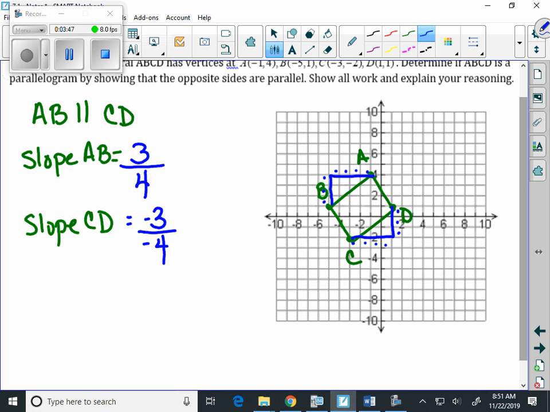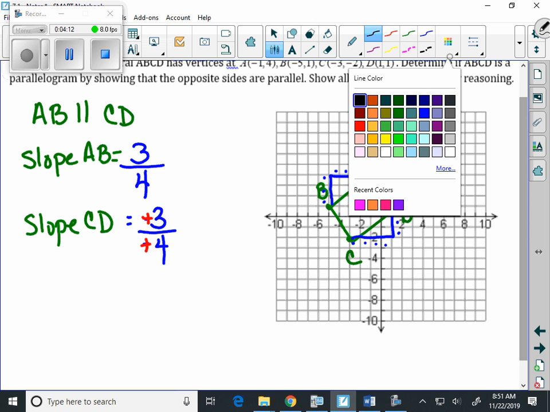And does 3/4 equal -3 over -4? Yes, because two negatives make a positive. So what we've shown so far is that the slope of AB and the slope of CD are the same. But in a parallelogram, we have to have both sets. We have to have two sets of parallel sides.